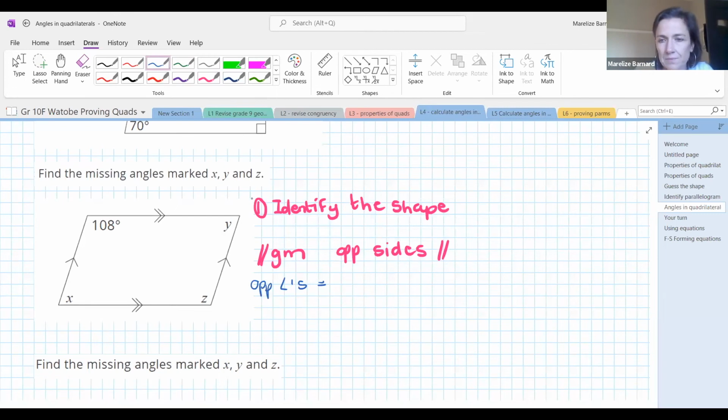What else? The opposite sides are equal. Okay, the interior angles add up to 360 and the diagonals bisect. Good.